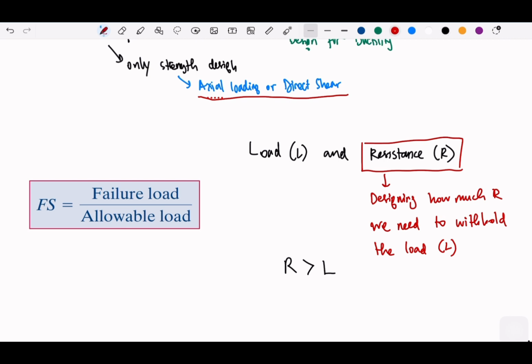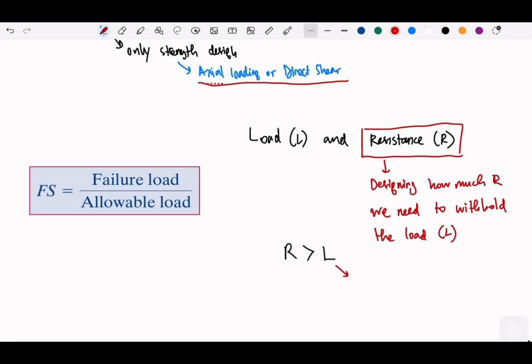Loads and resistance have some factors. The loads are basically determined by the external loads acting on that structure. Then the locations, magnitude, and direction will be important.